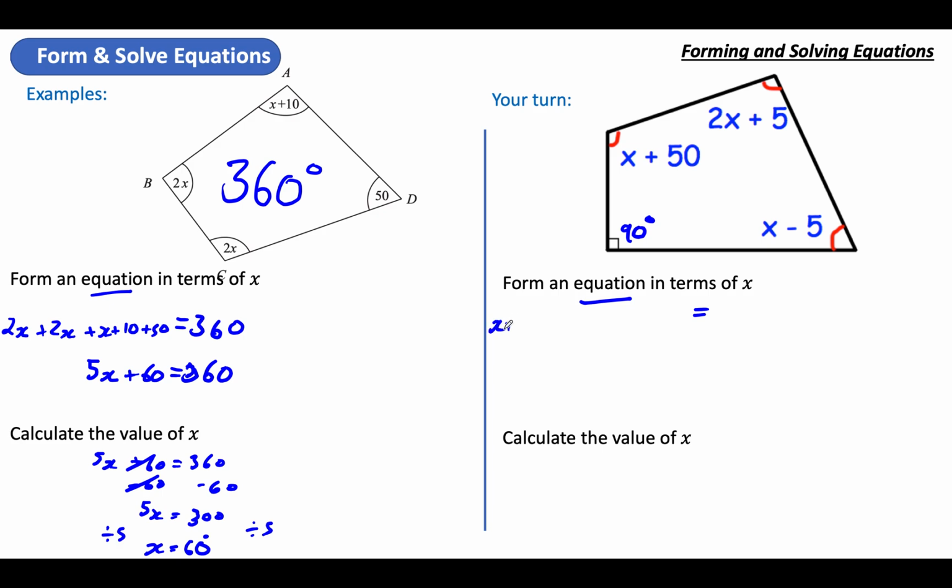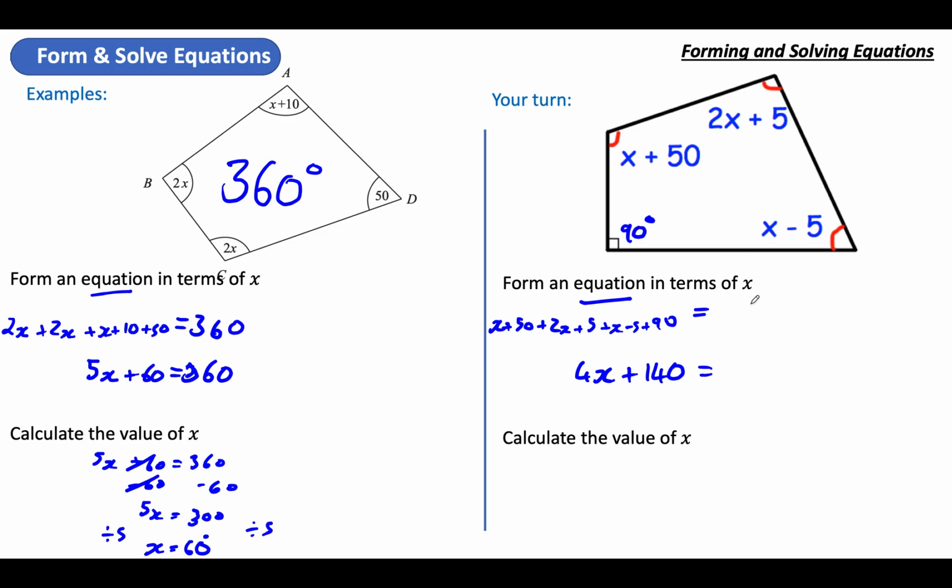So add the angles up: x plus 50 plus 2x plus 5 plus x, take away 5, plus 90 equals, well, let's sort this out. x plus 2x is 3x, plus another x is 4x. And then 50 plus 5 is 55. Take away 5 is back to 50. Add 90 is 140.